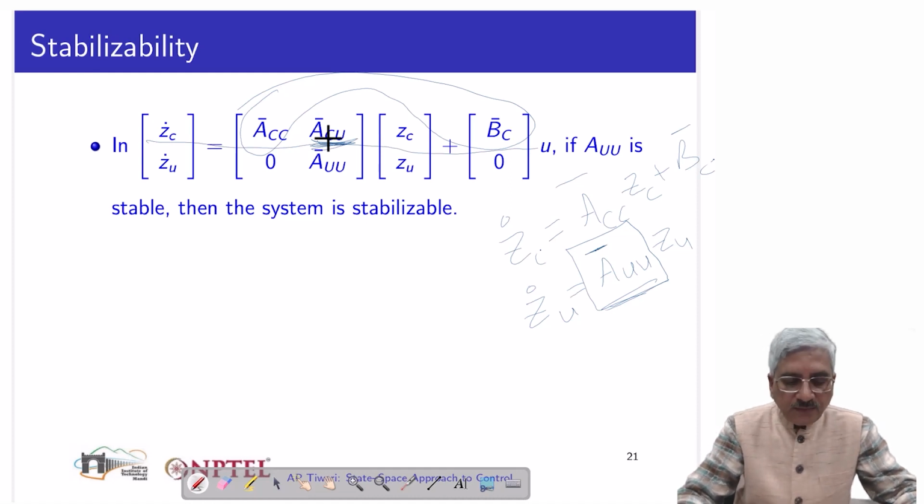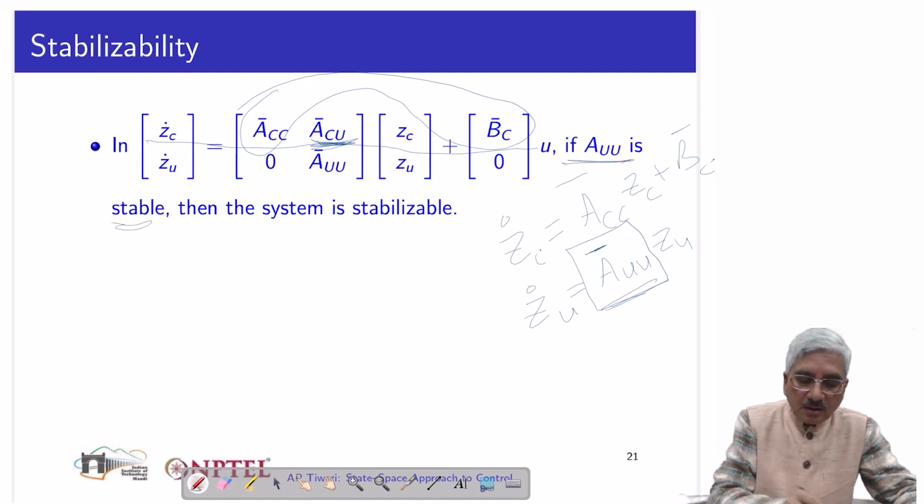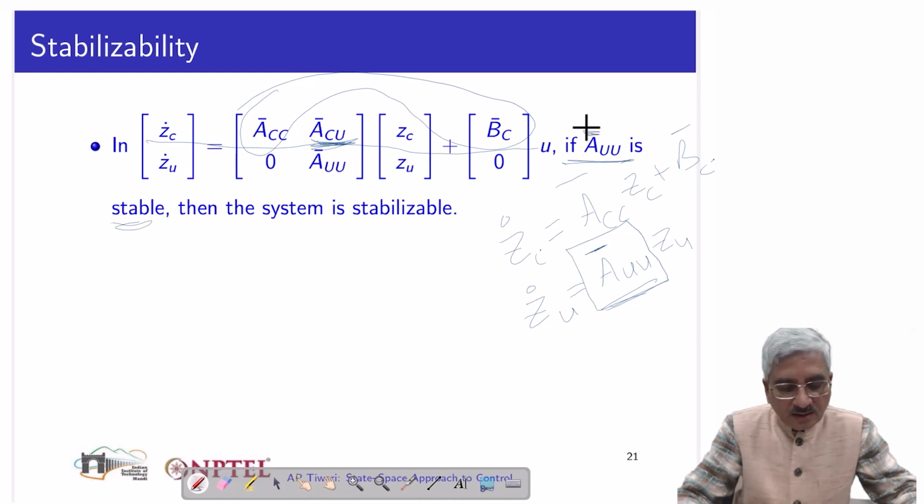So if AUU bar is stable, then the system is called stabilizable.